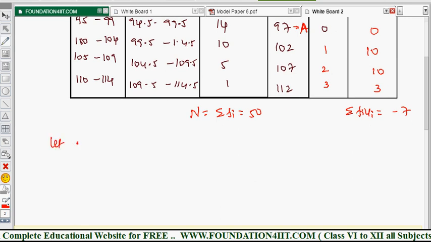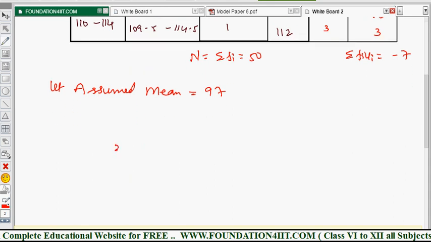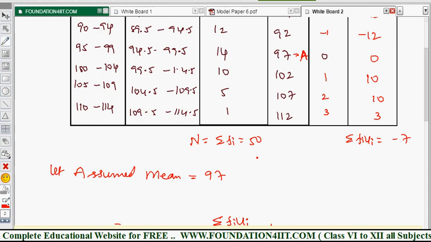The assumed mean we have taken as a, that is 97. Then using the step deviation method, the mean formula is a plus sigma fi ui by sigma fi, into h. h is the class size, that is 5. The class size is the gap between 90 and 95, 95 and 100.